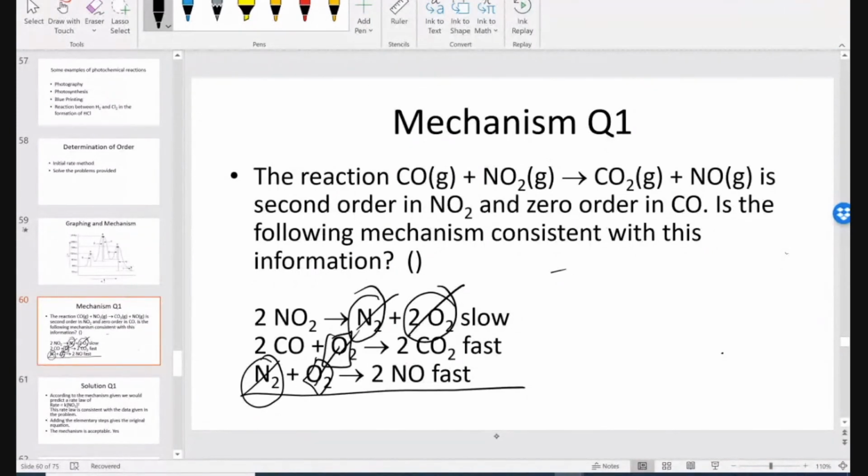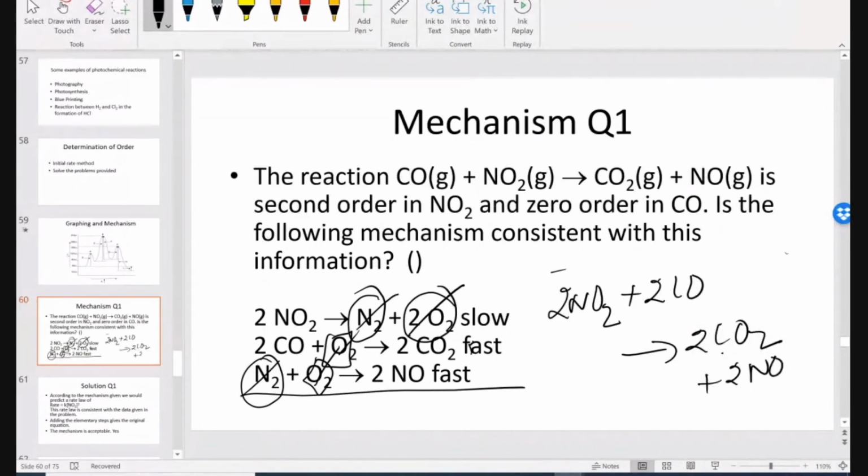You have CO2 here, but there's no CO2. So we're going to rewrite the equation. That would be 2 NO2 plus 2 CO giving you 2 CO2 plus 2 NO. Okay, so this is what we have. Yes, so if you divide this by 2, 2, 2 and 2, you have the required equation.